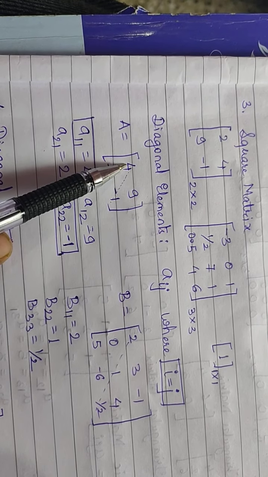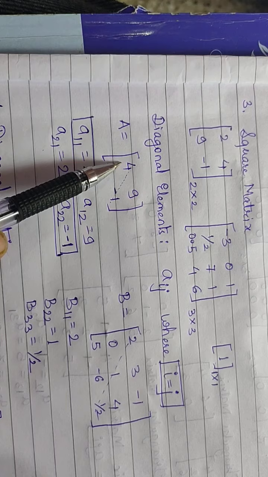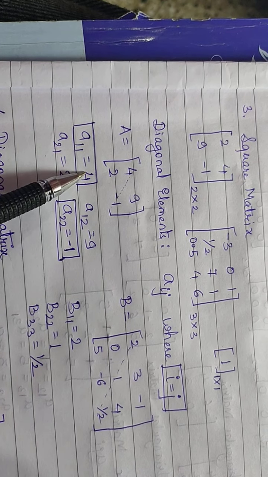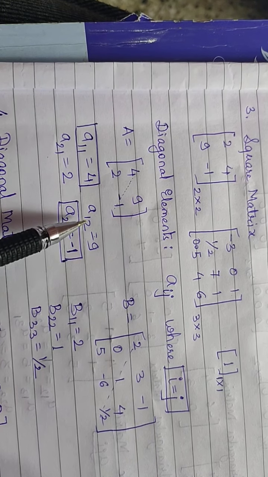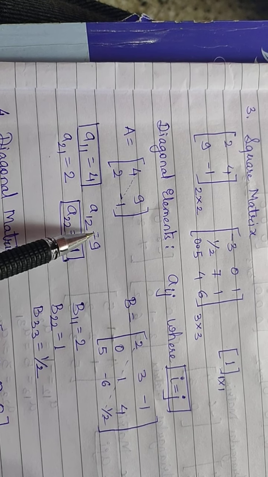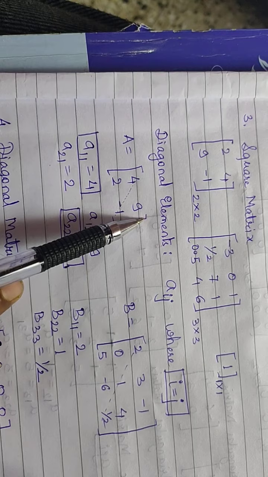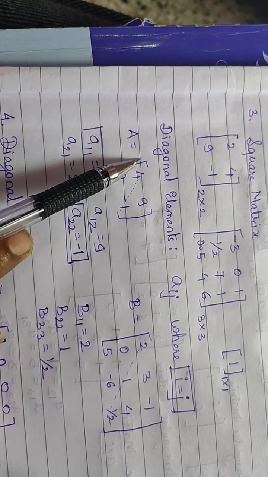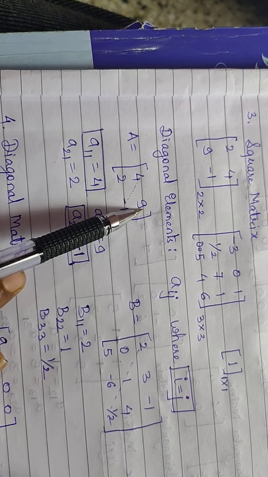So 4 is the element of first row, first column, hence its position is A11. So A11 is 4. Then 9, position of this element is A12, and A12 is 9, because it is the element of first row and second column.